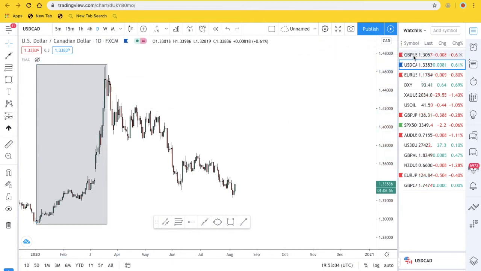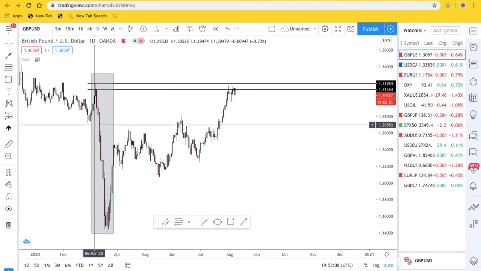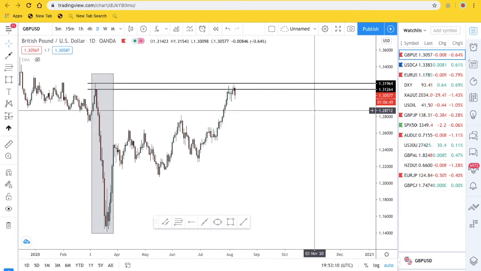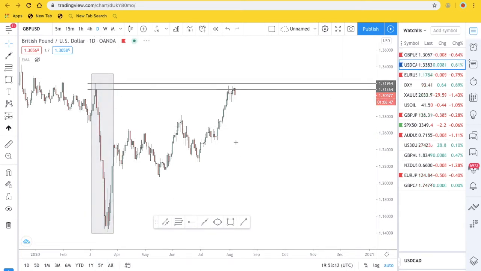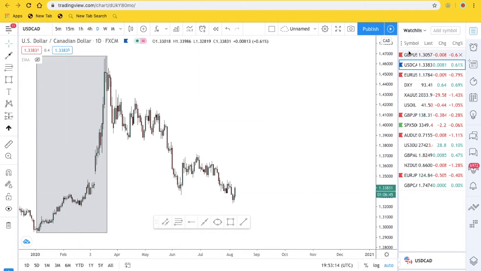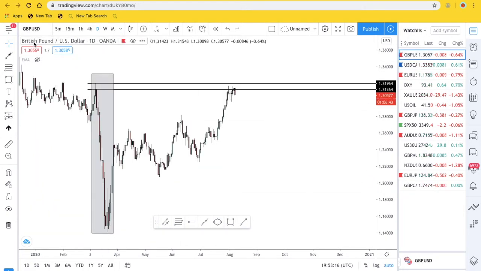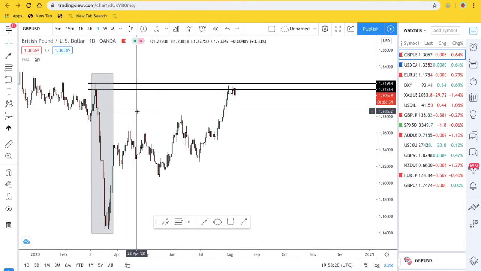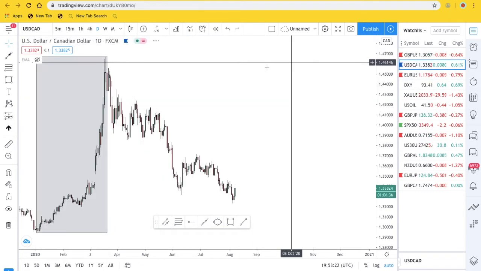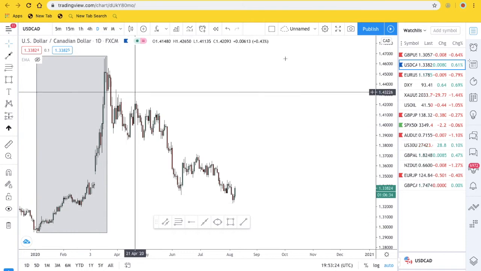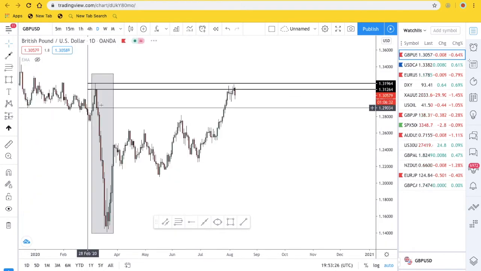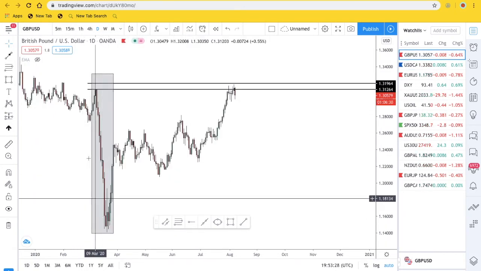And guess what? Look at GBP USD. You see the same time. Look at that. GBP USD is the base currency. So the same day the US dollar gained strength, the pound depreciated in value.